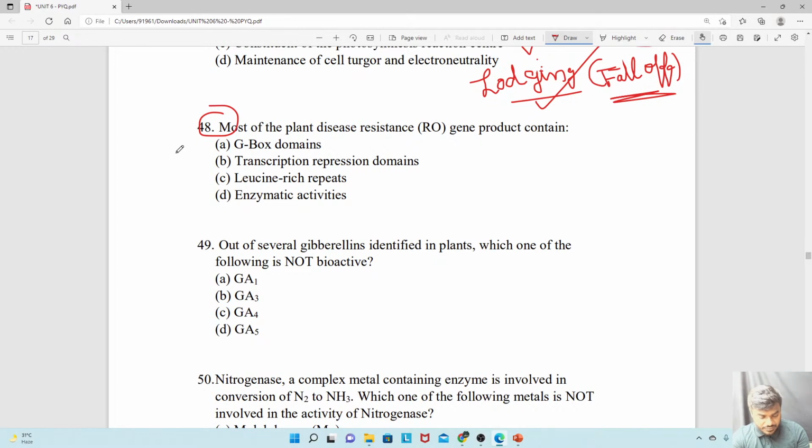Try this. See, leucine rich repeats. Okay. Can anyone else give the answer for this?